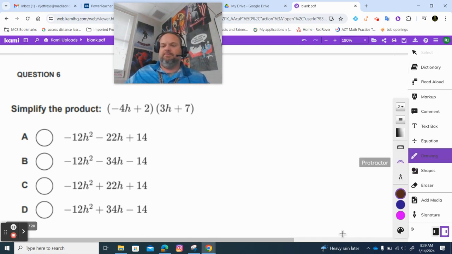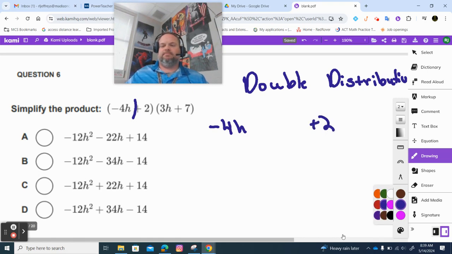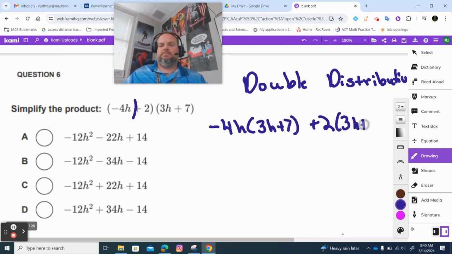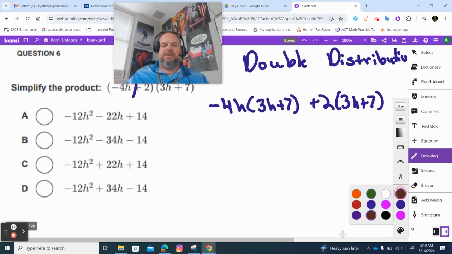We have double distributive, still poly A, where you set it up like this. Or we have the box method.